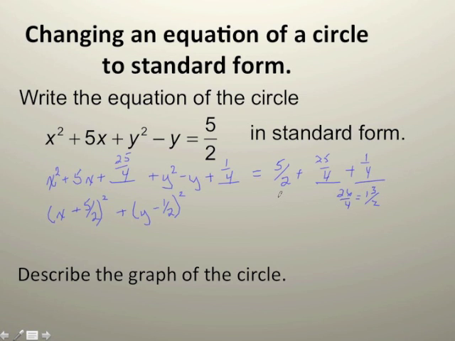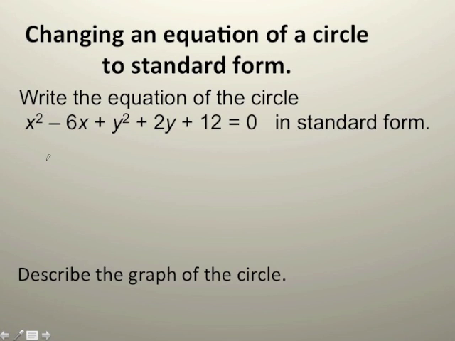That's going to give me 18 halves, or 9. Now I have my circle with the center at negative 5 halves, 1/2, and the radius is 3, the square root of 9.